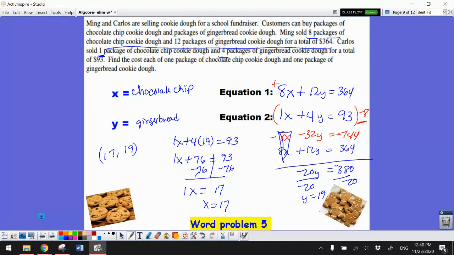Okay, so what is the cost of the chocolate chip? Well, that's X. So that's $17. And the gingerbread, that's my Y value, and that is $19. So there are my costs.